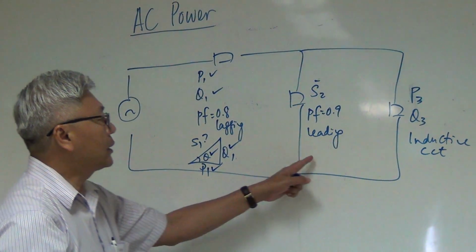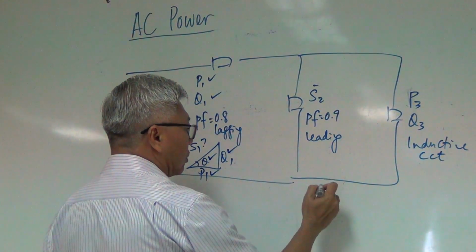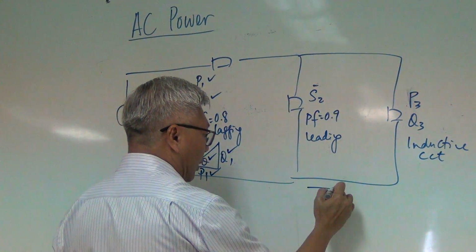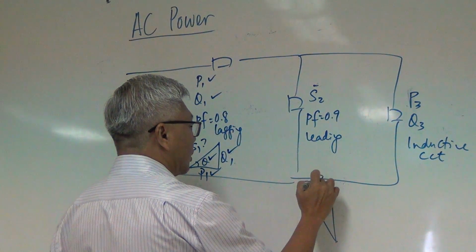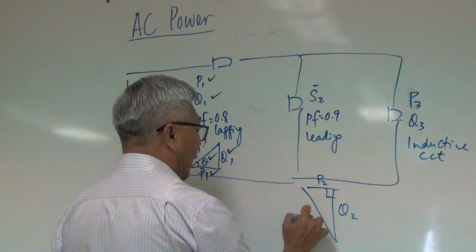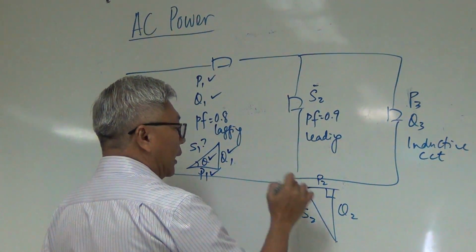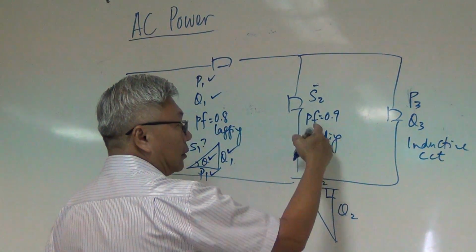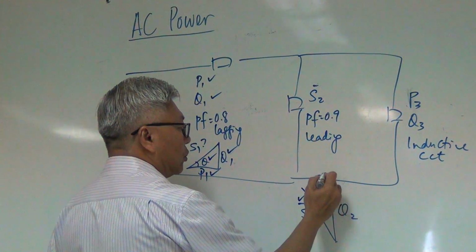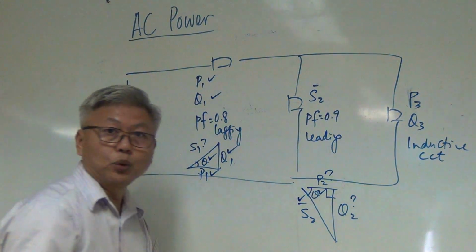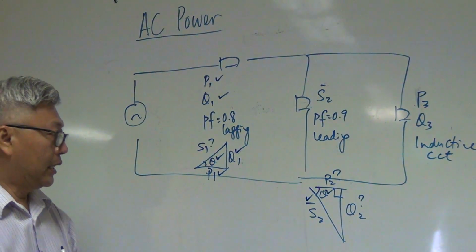And the second power triangle is leading, so it's a capacitive circuit, so the power triangle should point down. And this will be your P2, Q2, and S2. Again, because you are given the angle, cosine inverse 0.9 will give you this angle, and you know S2, you should be able to find P2 and Q2 quite easily.